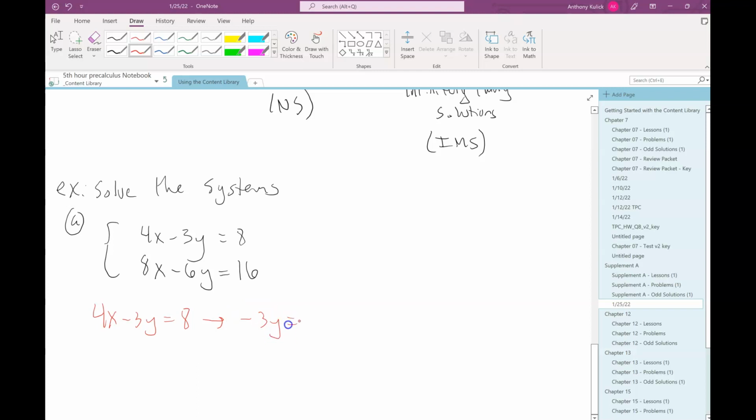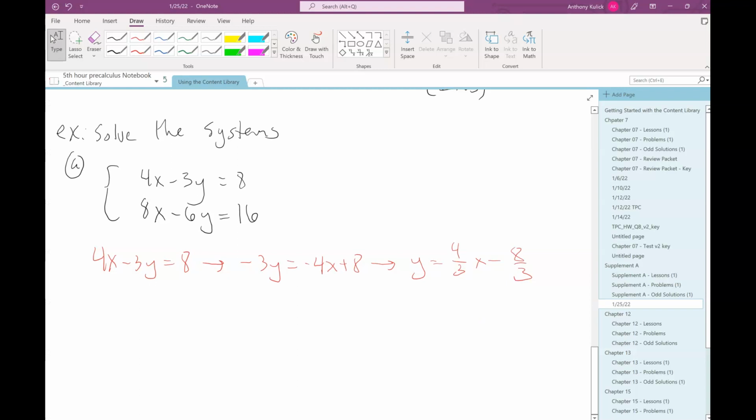So start by subtracting the 4x over and then divide by the -3. Same idea here.